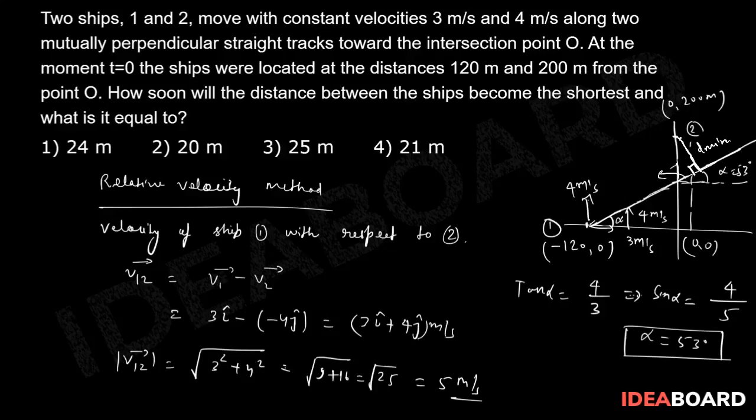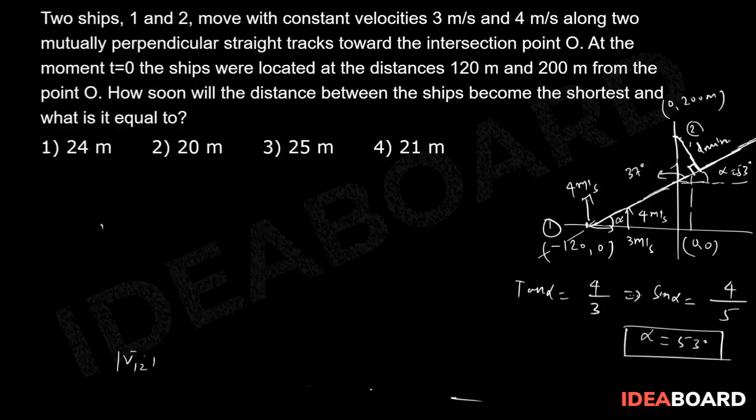And this angle you already got, this is 37 degree. Now in order to calculate that, you need the equation of this particular line. Let's say this is line BD.